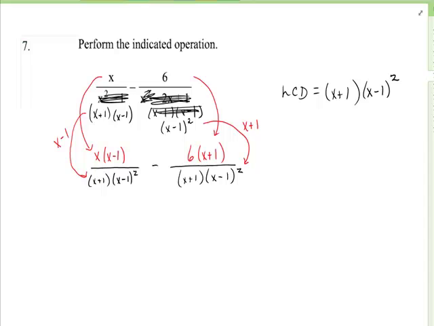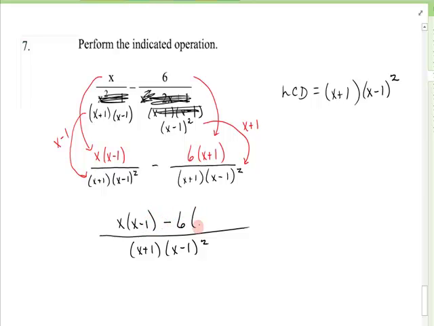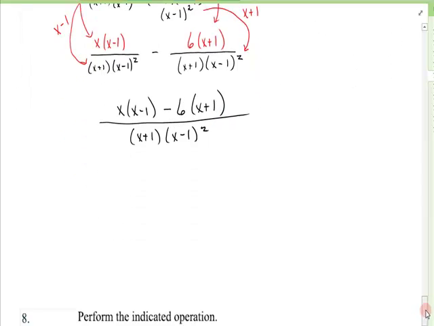All right. So I have x plus 1 times x minus 1, quantity squared. I have x times x minus 1. I have a minus sign, 6 times x plus 1. I have a couple of cases of the distributive property. Distribute here.